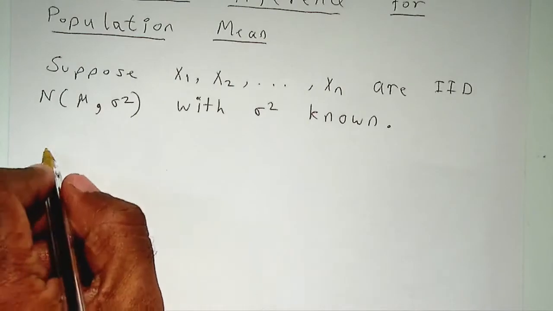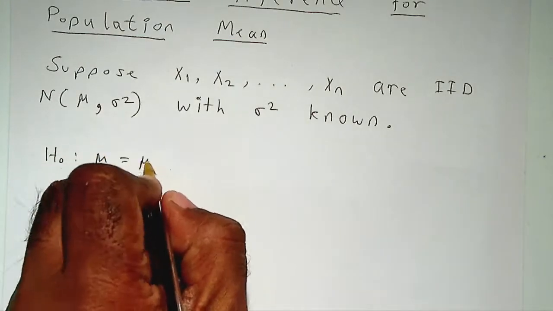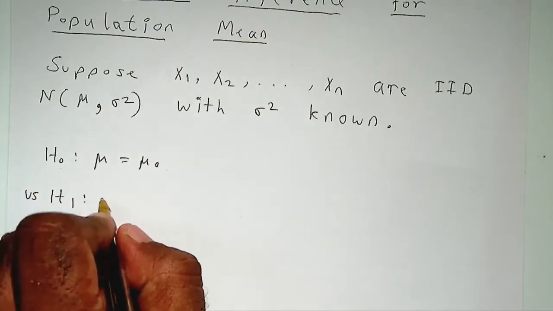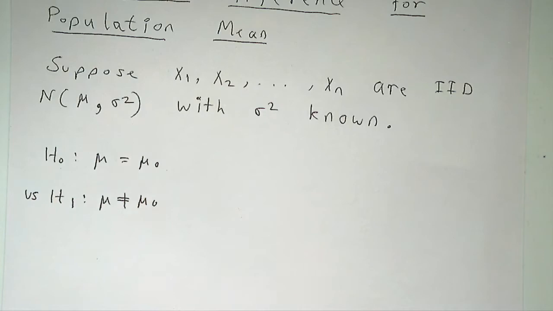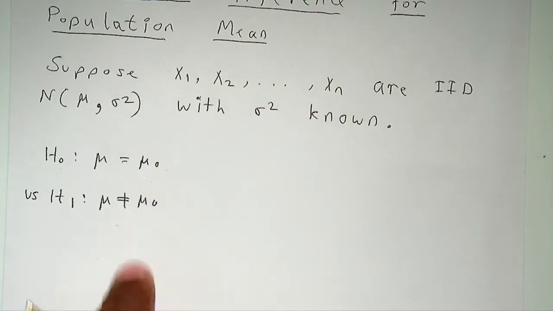there are three possible tests for the population mean. The first is mu equal to mu 0 versus not equal to.